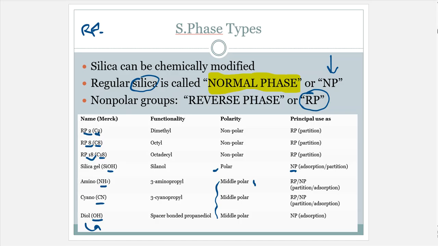And middle polar, depending on how we play our cards, could be RP or NP or both. So those are different situations that we can customize to our needs for how we're trying to separate components inside of a sample as we begin our chromatography experience together.